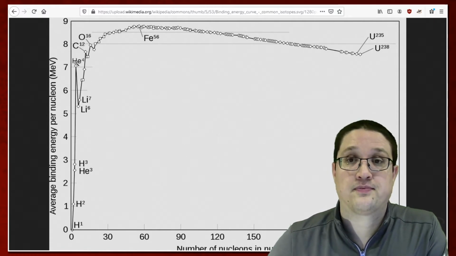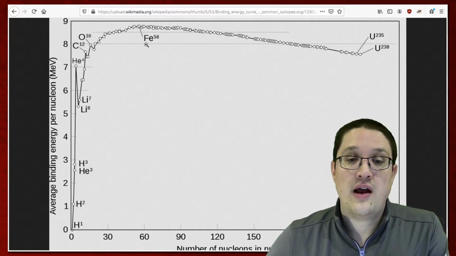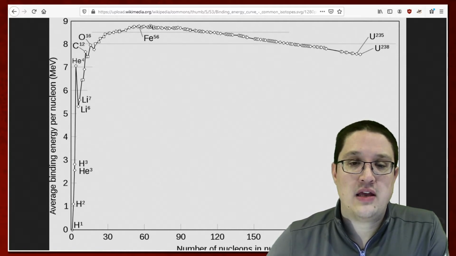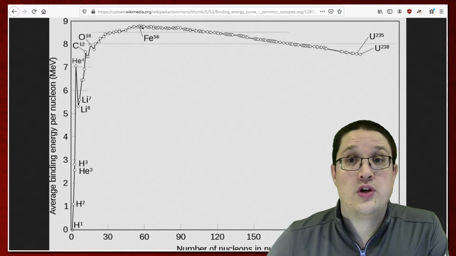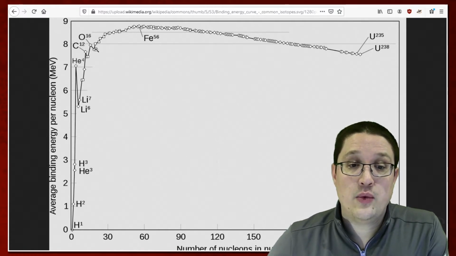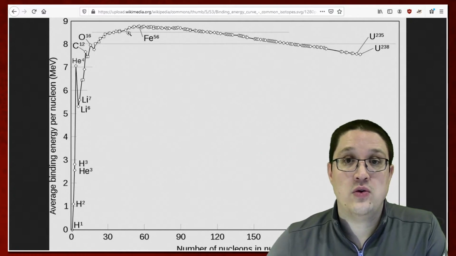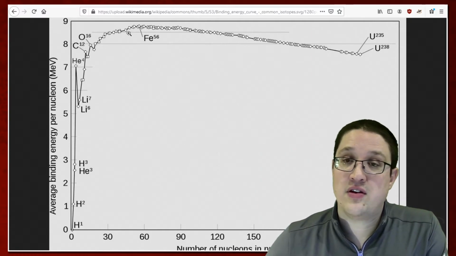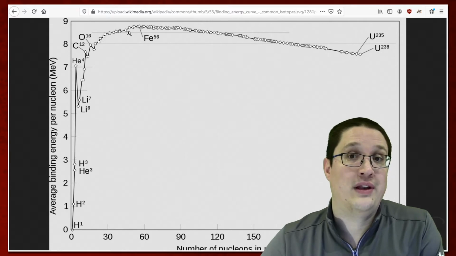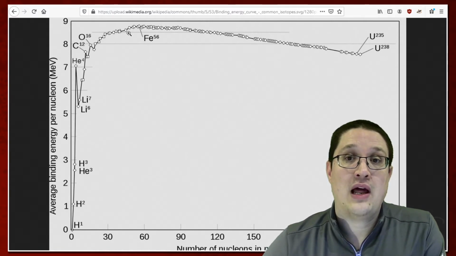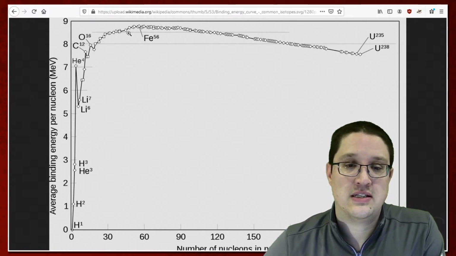Now, if I look at iron here, iron is the highest point on this graph, which means that I can only release energy up to iron. I cannot fuse iron or anything heavier than iron and end up releasing energy. That will actually consume energy instead.